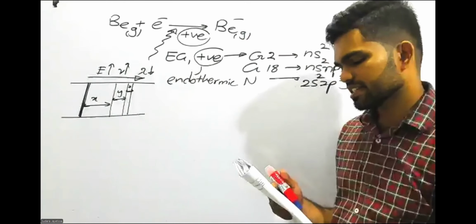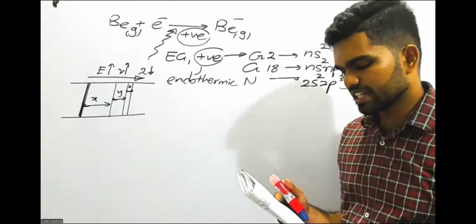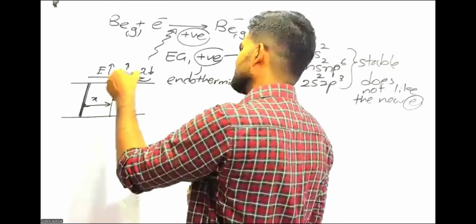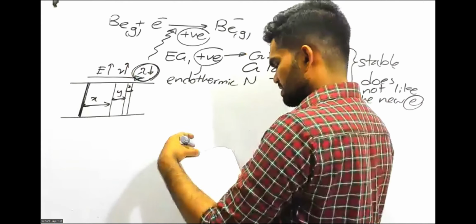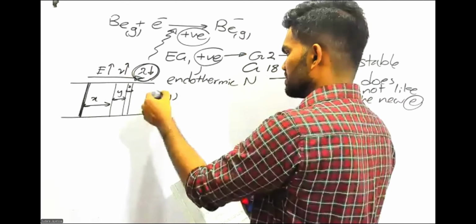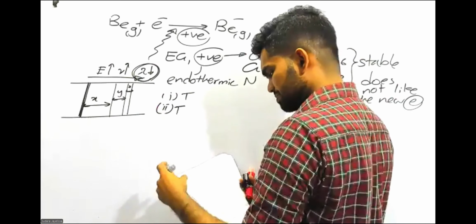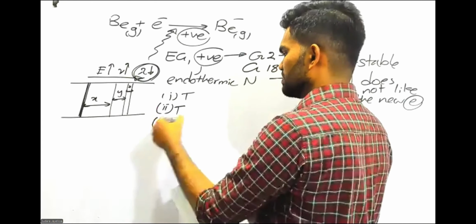Spacing between the adjacent lines decrease gradually in the direction of decreasing wavelength. Yeah, this is true, no? This is the decreasing wavelength direction. So our first one was true. Second one was also true. Third one is also true.